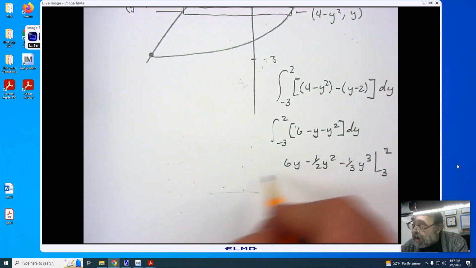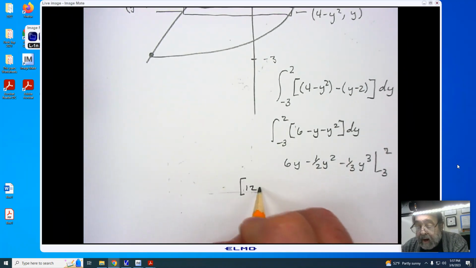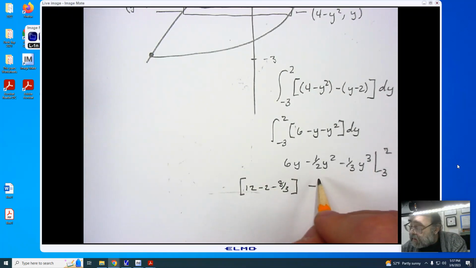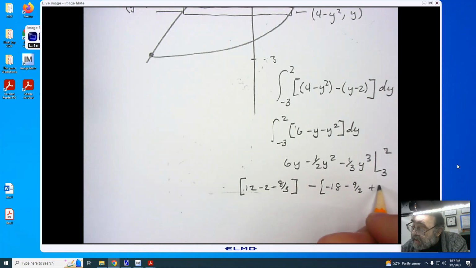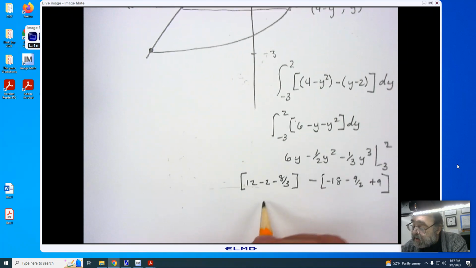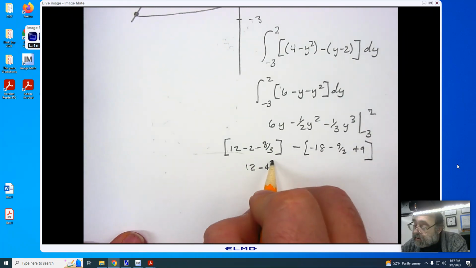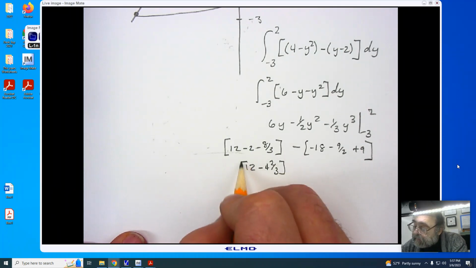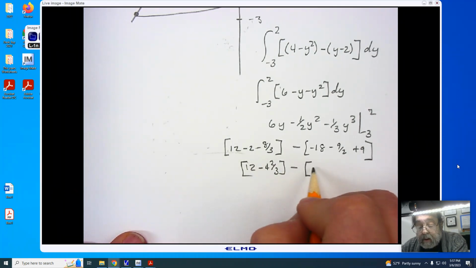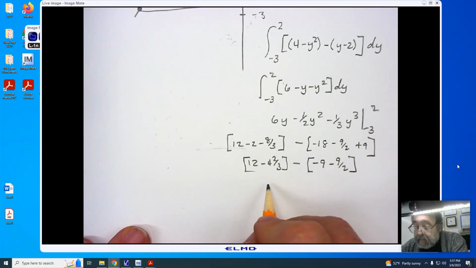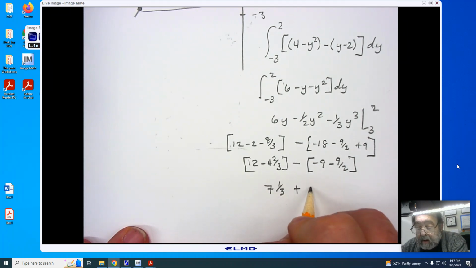When I put this in, I end up getting 12 minus 2 minus 8/3, and then I'm subtracting -18 minus 9/2 plus 9. And as we continue to simplify this going down, you'll notice we get 12 minus 4 2/3 minus -9 minus 9/2. This is giving me 7 1/3 plus 13 1/2.